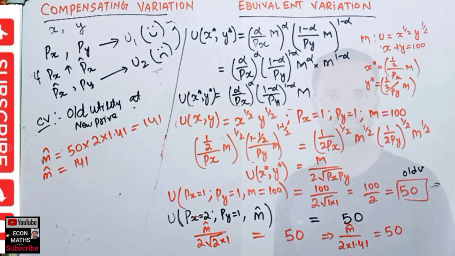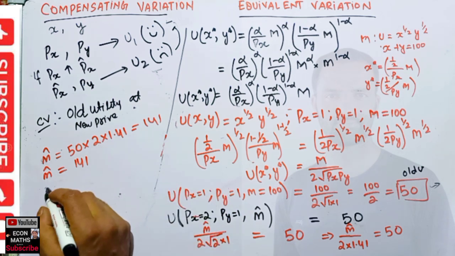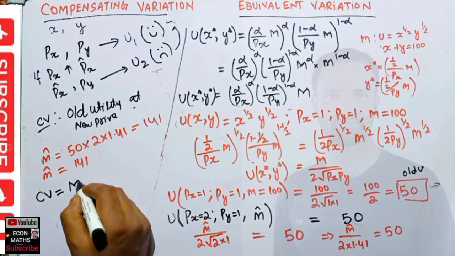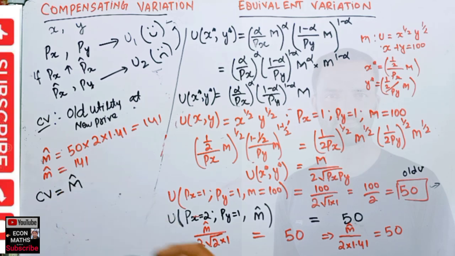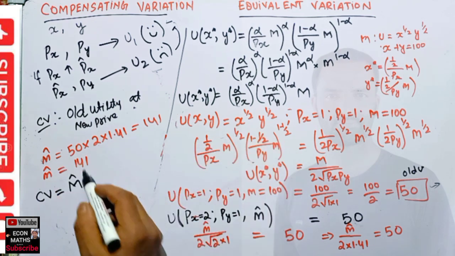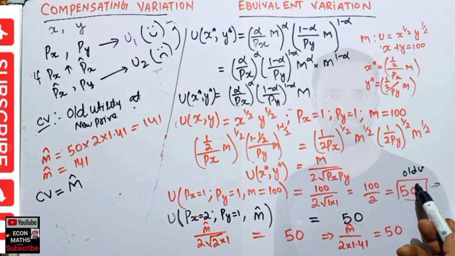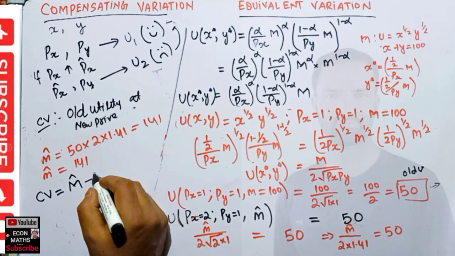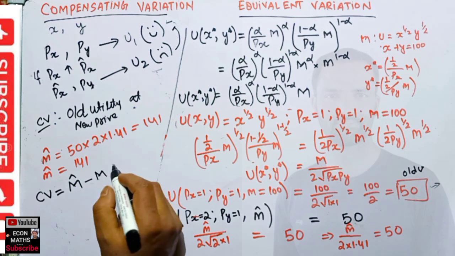That means how much money do we need to give to the consumer originally? So compensating variation means m dash, the money which gives 50 utils of satisfaction, minus the original budget, that was m.